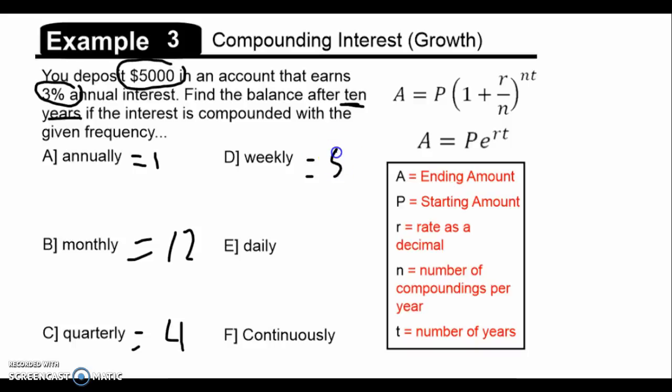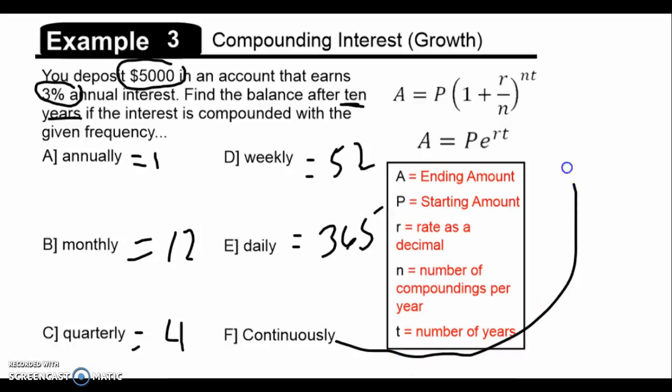Weekly, 52. Daily, 365. When you get to continuously, you want to use this formula. And then you want to really look at daily and continuously and see how they compare. So take a couple minutes, set them up, try to solve, and see how you do.